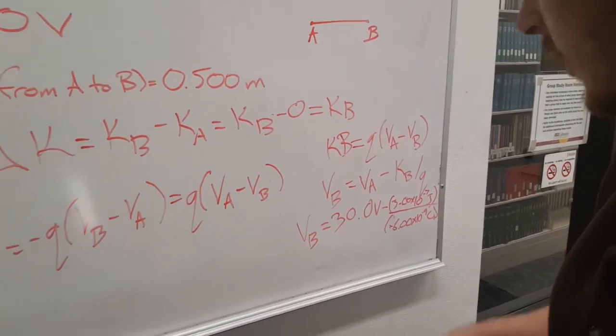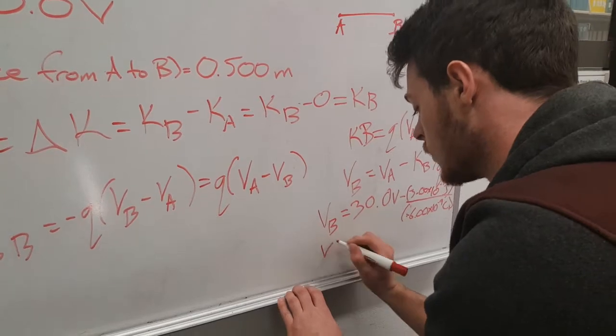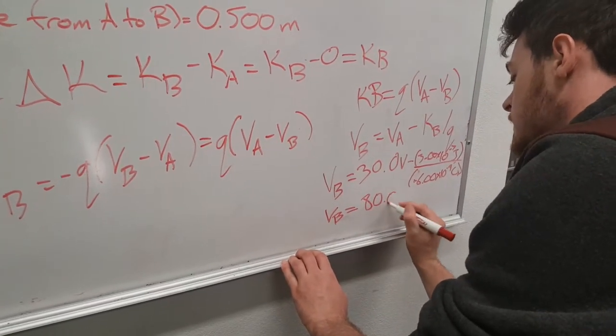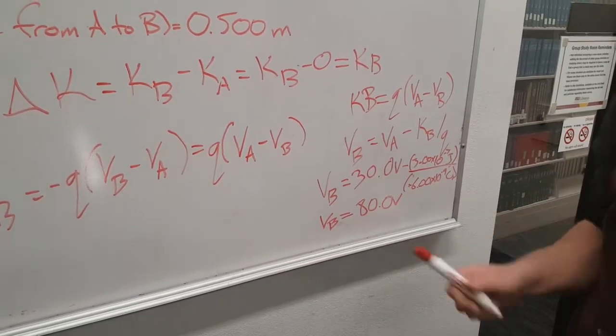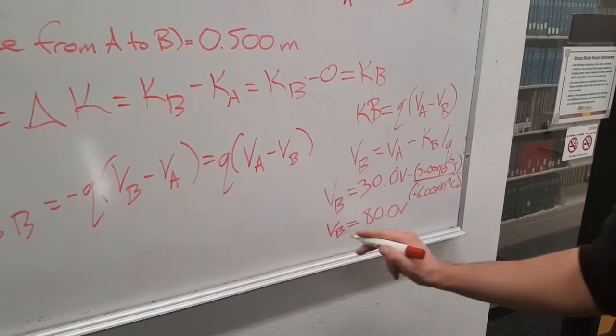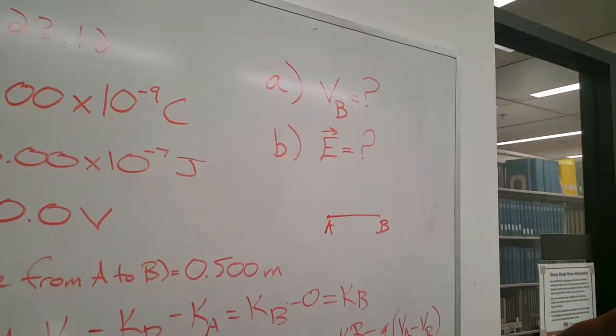If you plug this into your calculator to verify, we'll get that the voltage at point B is 80.0 volts, keeping 3 significant figures all the way through the problem. So here we have the solution to part A of example 23.12.